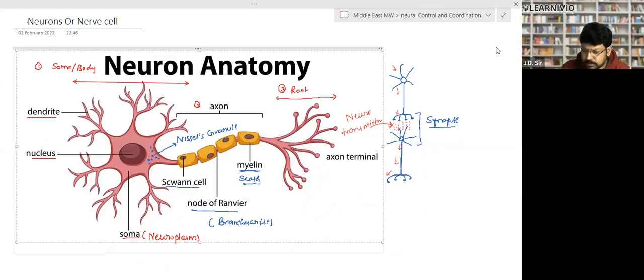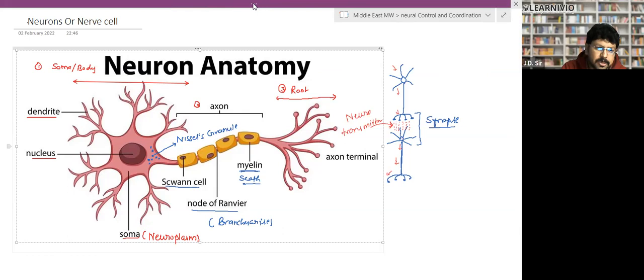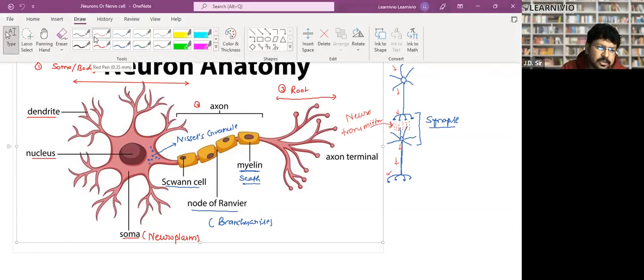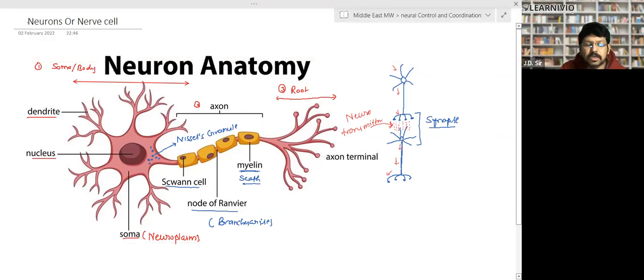I have just explained the diagram to you, and we were supposed to write it down. So start writing. Let me refresh all this once again. In the last class we studied that the neuron is the structural unit of the nervous system, and in fact the basic cell of the nervous system.